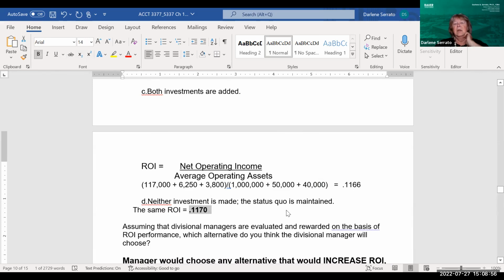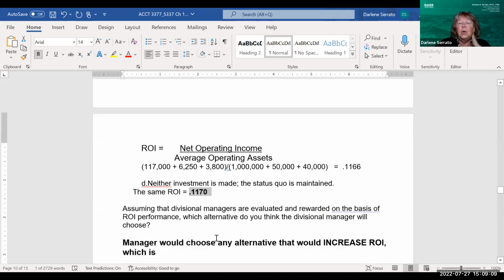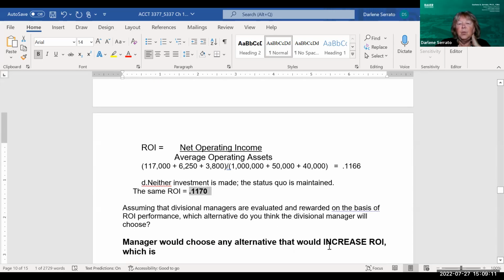Okay, so assuming the divisional managers are evaluated and rewarded on the basis of ROI performance, which do you think the divisional manager will choose? The manager will only choose an alternative that will increase ROI. So we go from 0.1170.